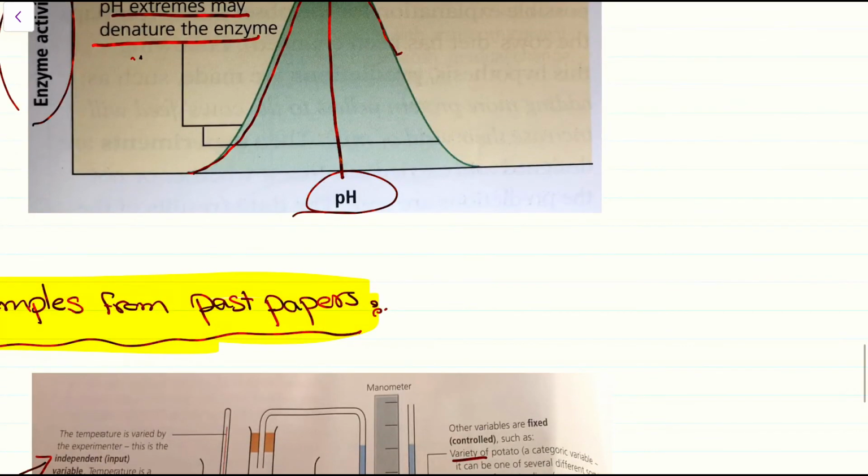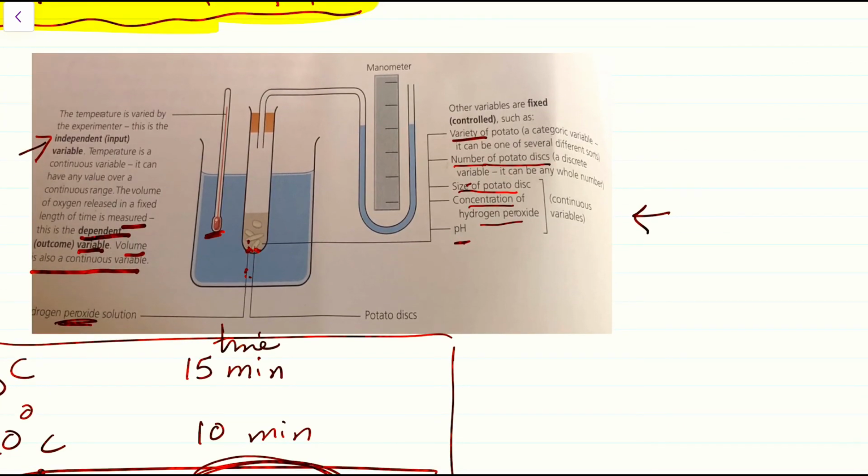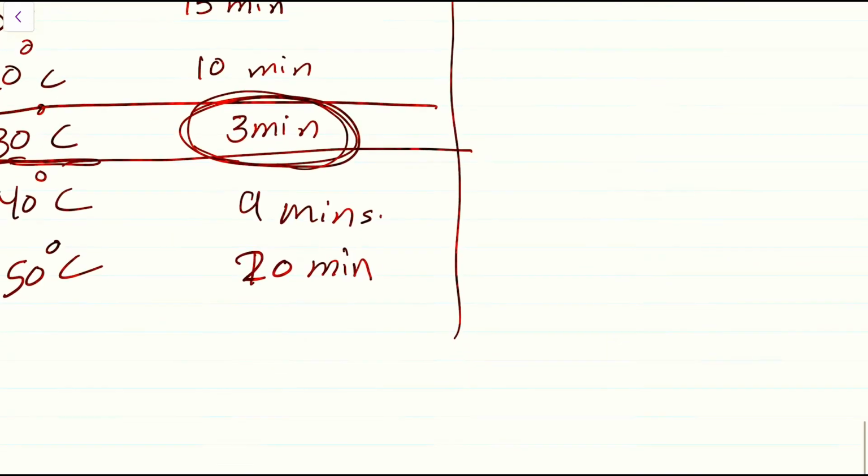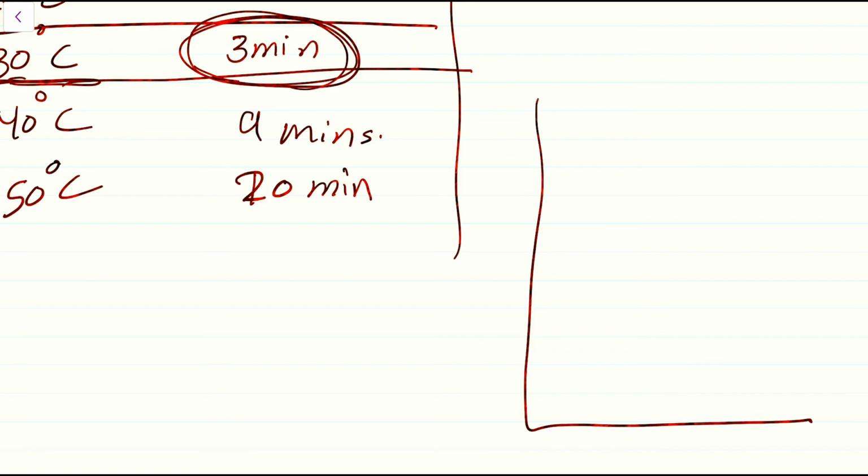So in this kind of questions, I have an independent and a dependent variable. How can I draw the graph? We'll draw the graph here, the temperature in degrees, and we have the rate of oxygen produced.